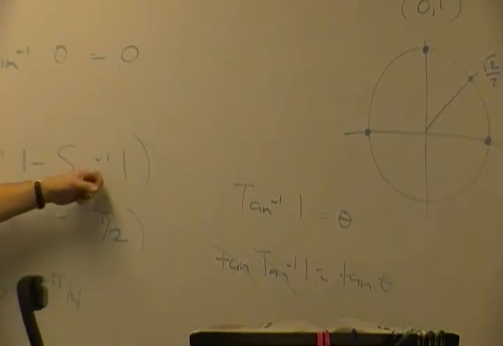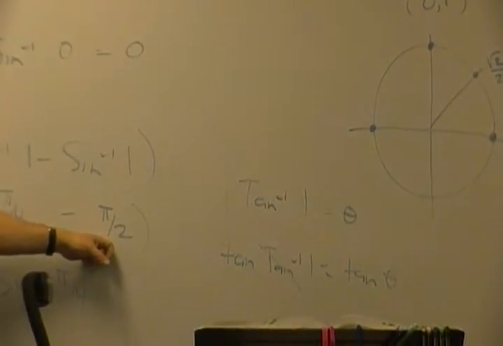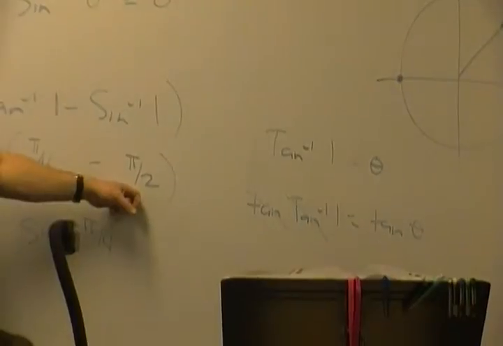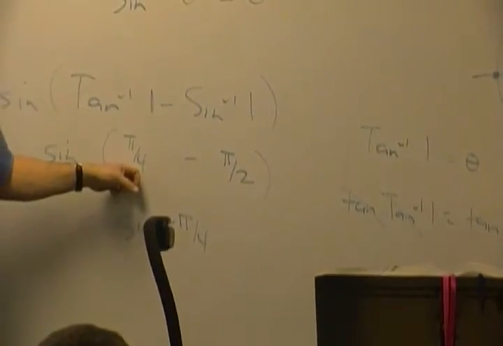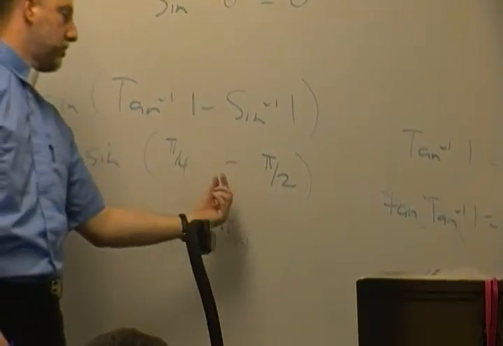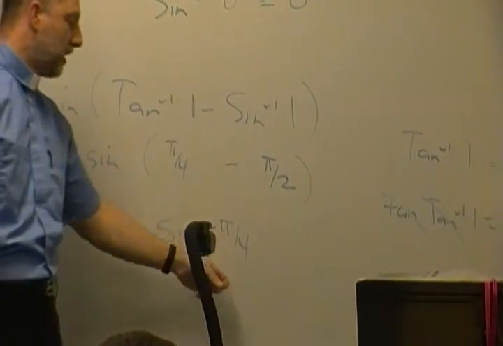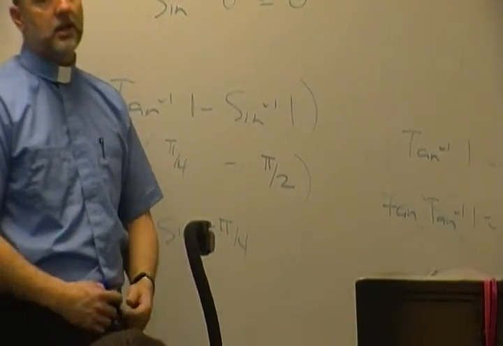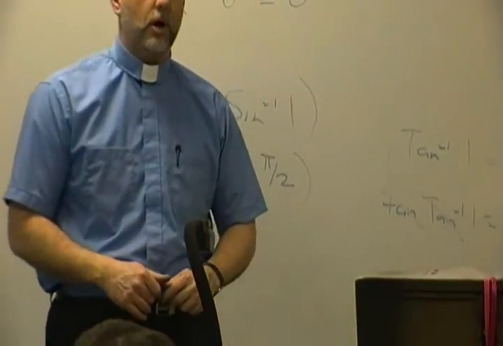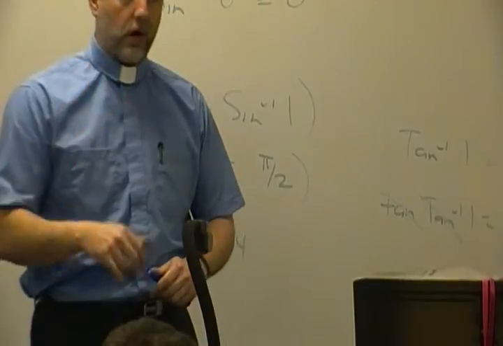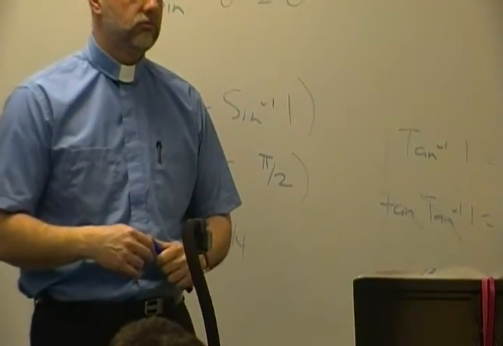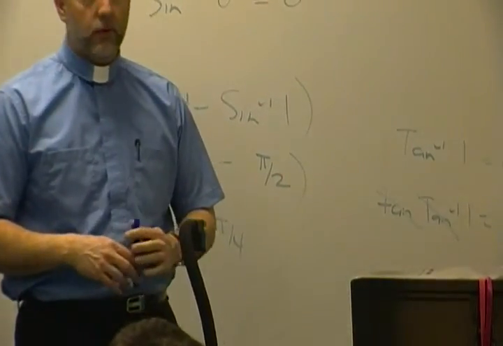So, do you understand how we got sine inverse of 1 is pi over 2? Yes. Do you understand how we got tangent inverse of 1 is pi over 4? Yes. Okay, so this is just simple arithmetic now. We get sine of negative pi over 4. Where is sine of negative pi over 4? What quadrant? Fourth quadrant. What's the value? It's negative root 2 over 2.